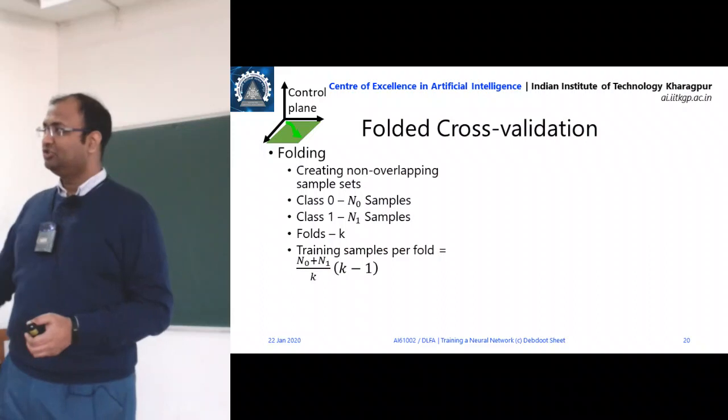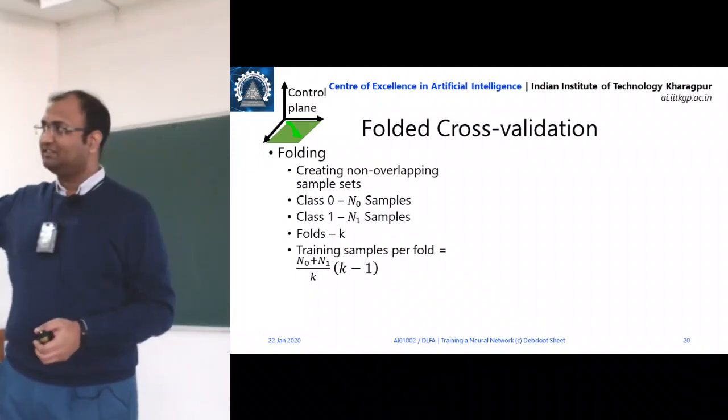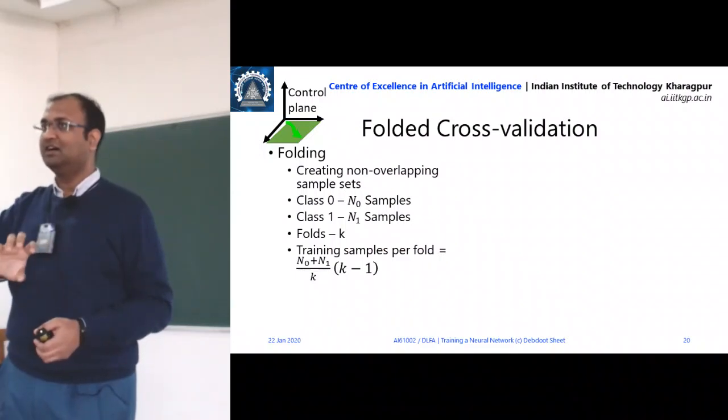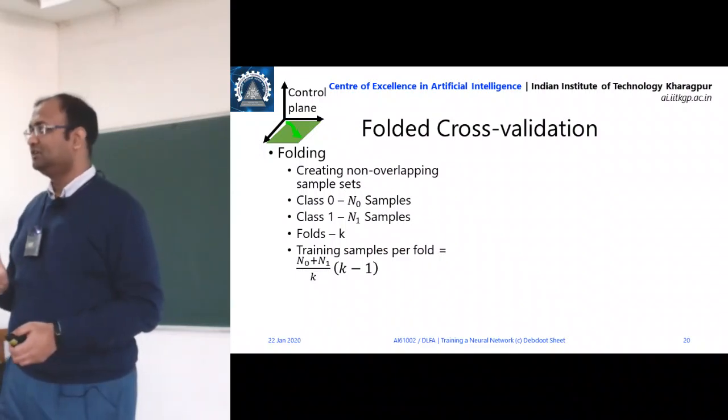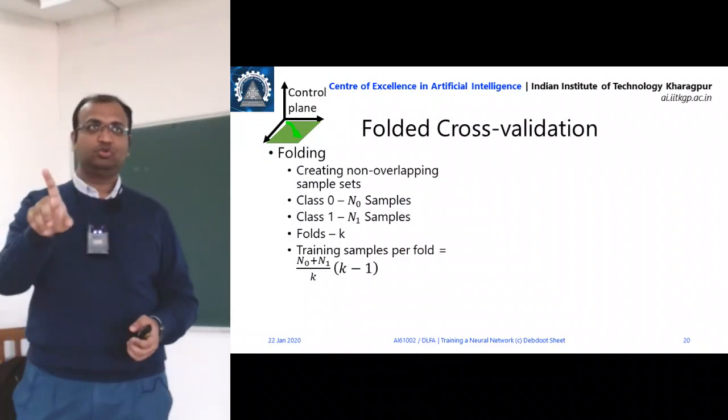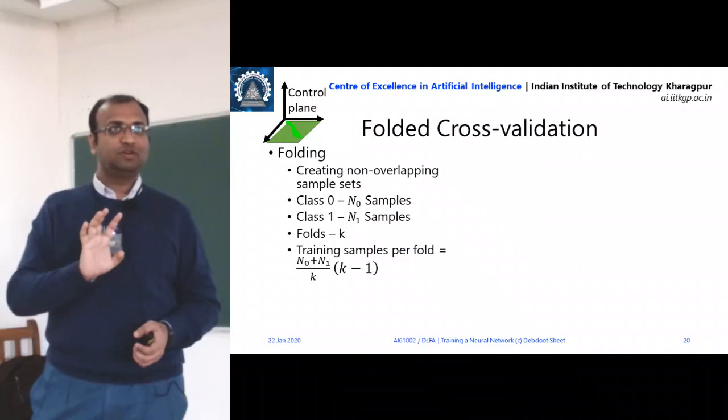So you are going to get k unique subsets. If they are created by sampling without replacement, then between subset 1 and subset 2 there won't be any common points. This is what I want to ensure.